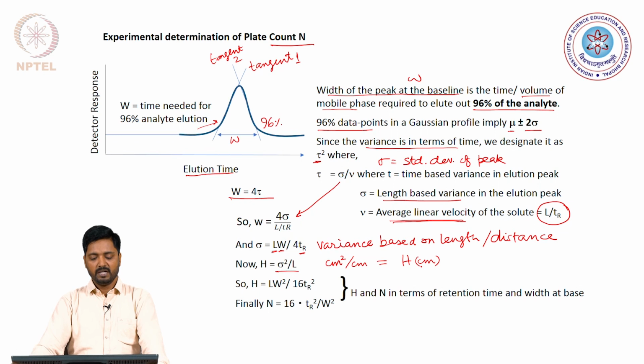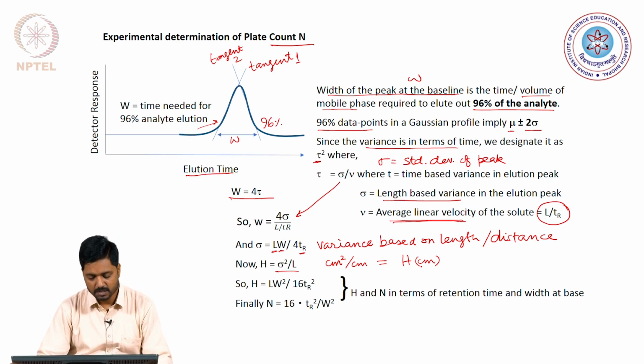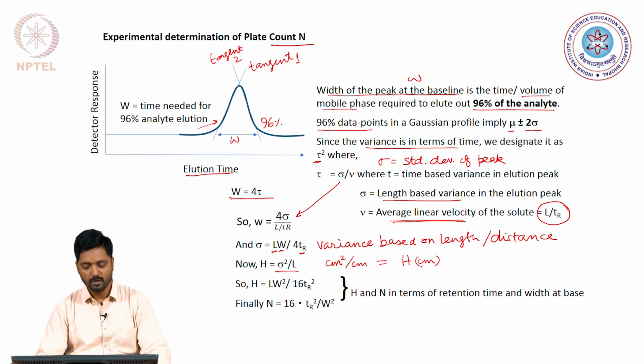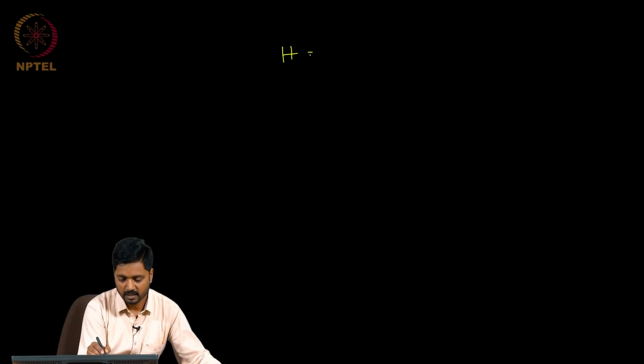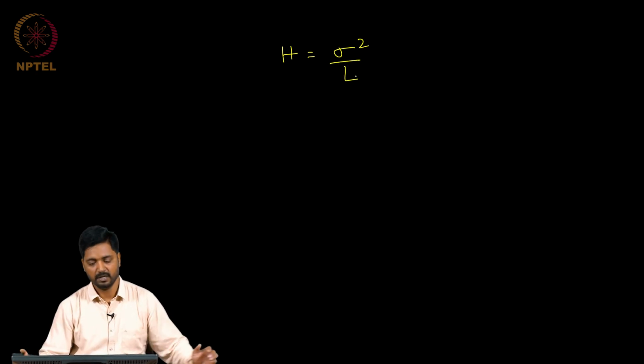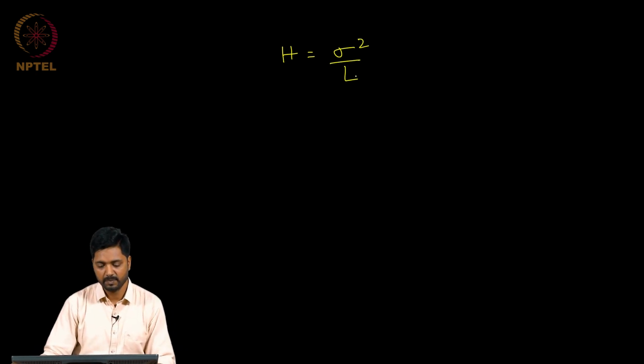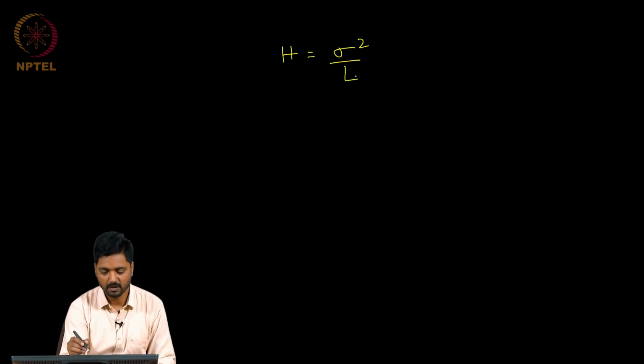So, when we insert the sigma value here, let us go to the board. h is equal to sigma square by L is what we described our height of the plate as.